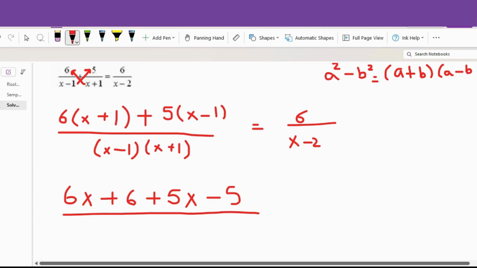So we would be following this formula here. According to this formula, this can be written as x squared minus 1 squared. And this is just 6 out of x minus 2.